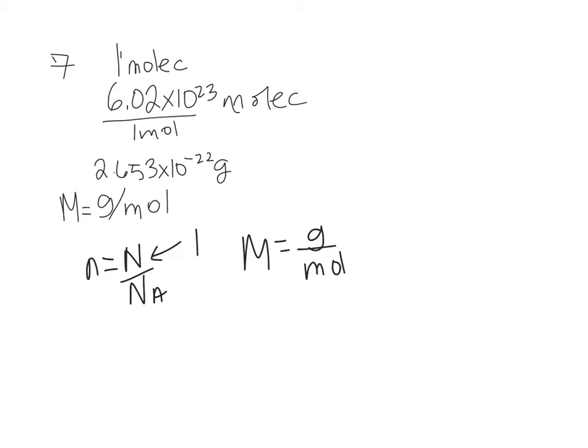If you're going to do this using dimensional analysis, what unit has to be on top? What unit do we need to be on top if we're finding molar mass? Grams.